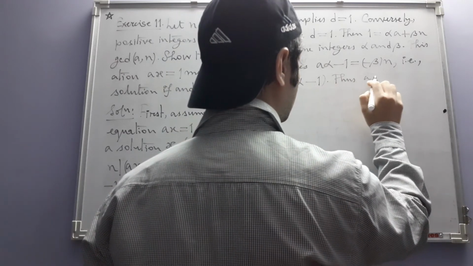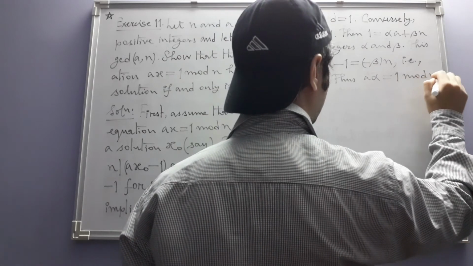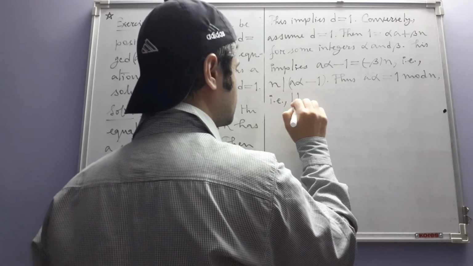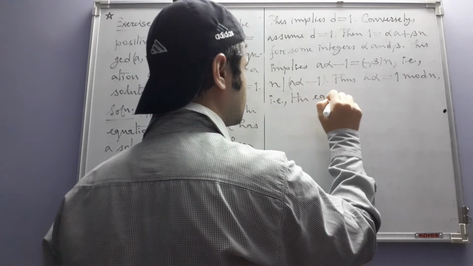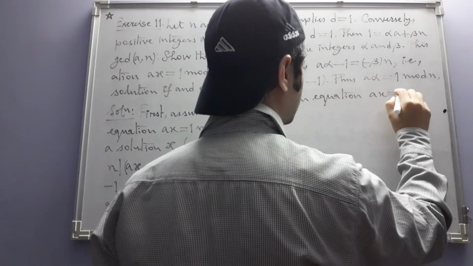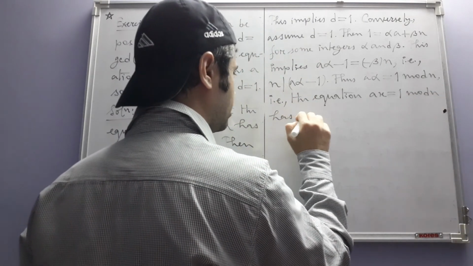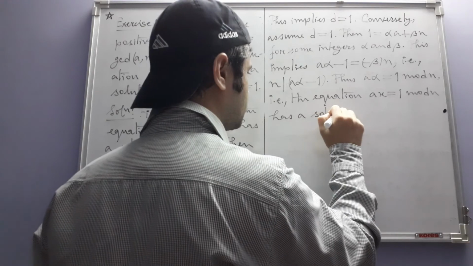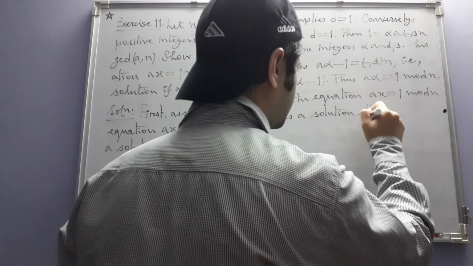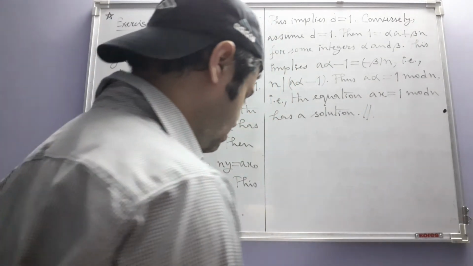Thus, a alpha is equal to 1 mod n. That is, the equation ax equal to 1 mod n has a solution, and that's the converse part. This completes the current solution.